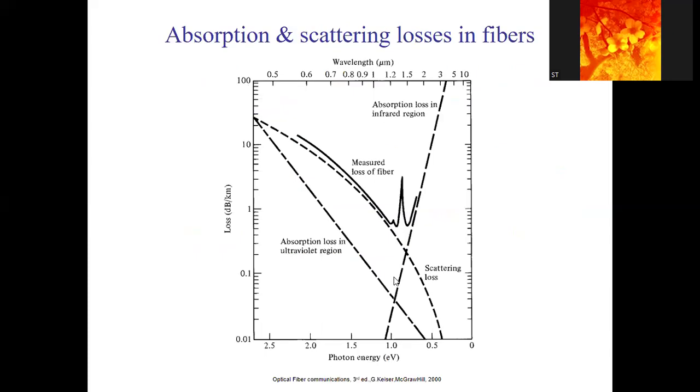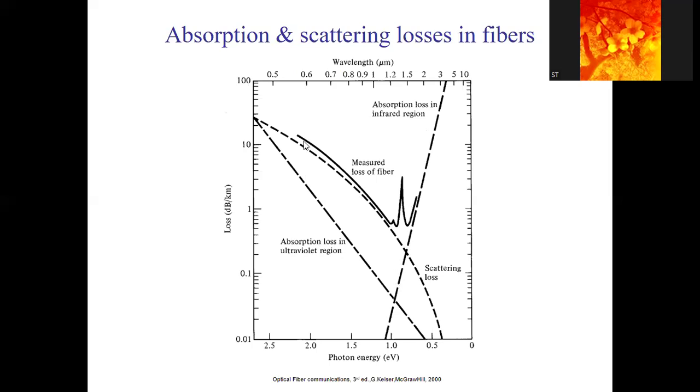In this, you can see the absorption loss in the UV region, IR region, and scattering loss. These three dotted lines show the absorption in the ultraviolet region, absorption in the infrared region, and scattering loss.